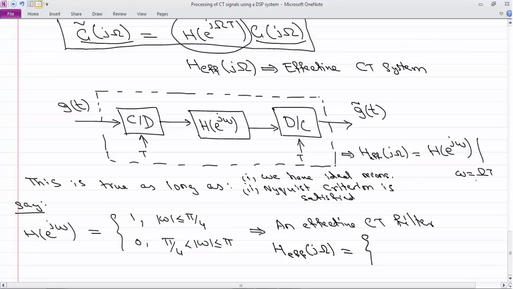Little omega gets replaced by capital omega T. So this is 1 for capital omega T less than or equal to pi by 4.